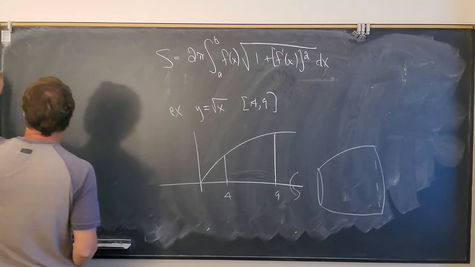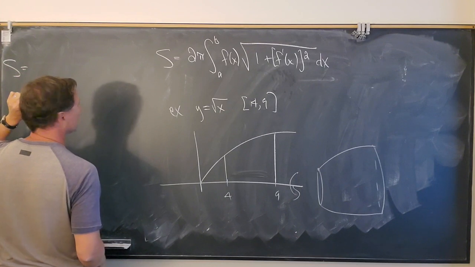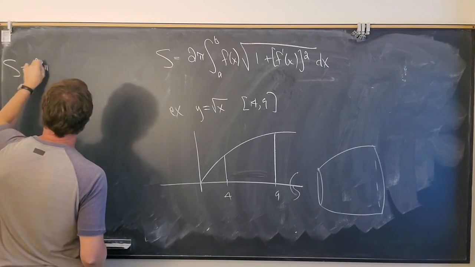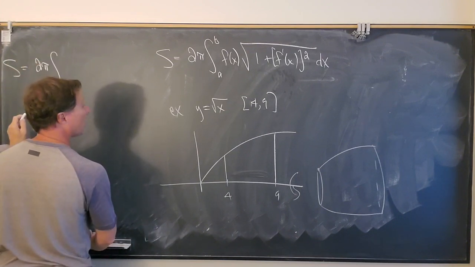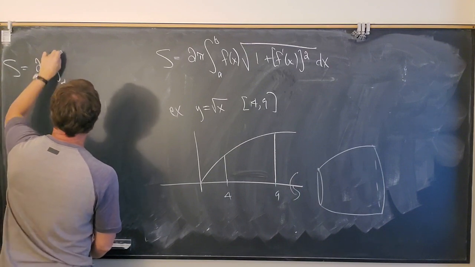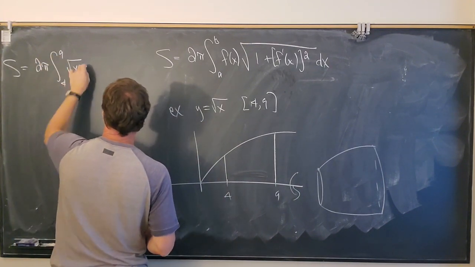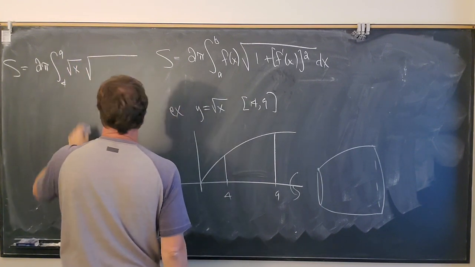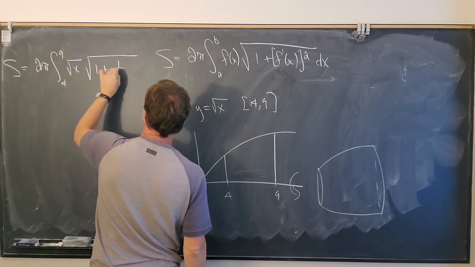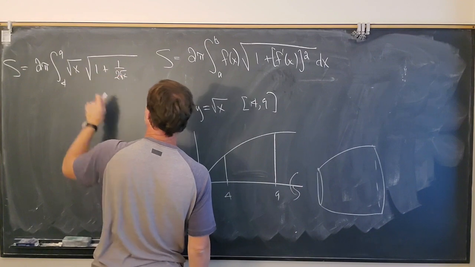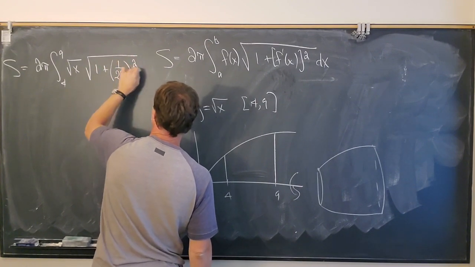And so the surface area is equal to 2 pi integral from 4 to 9. Then we take the function, which is square root of x, multiply it by the square root of 1 plus the derivative. There's the derivative of square root of x, and then I need to square it.